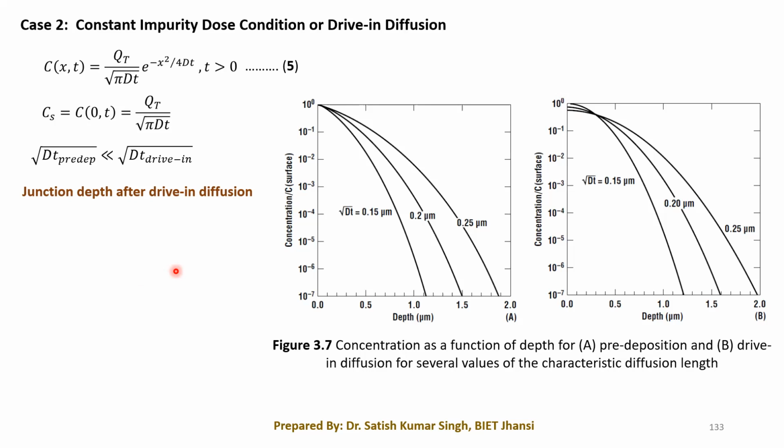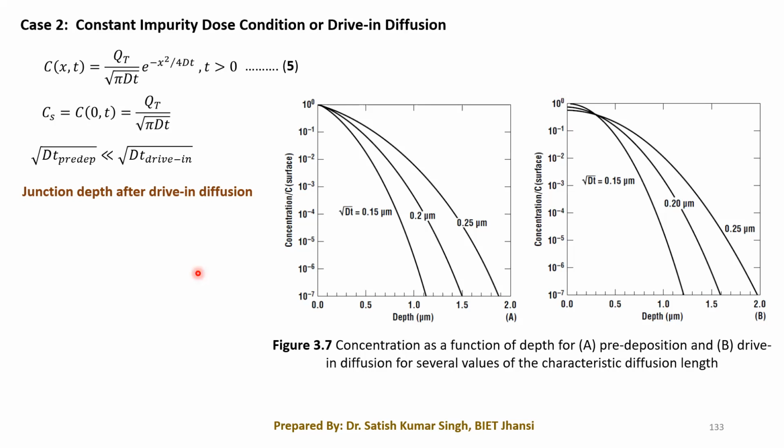Then we go for the n-type diffusion. At a certain depth within the material, you will find that the concentration of n-type and p-type becomes the same, equal. That particular point within the material is called the junction.